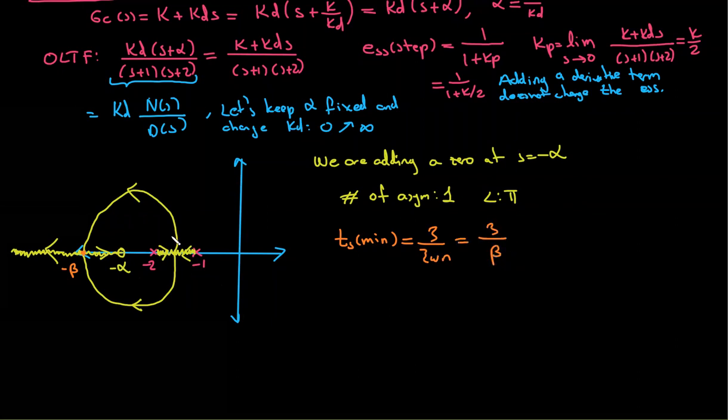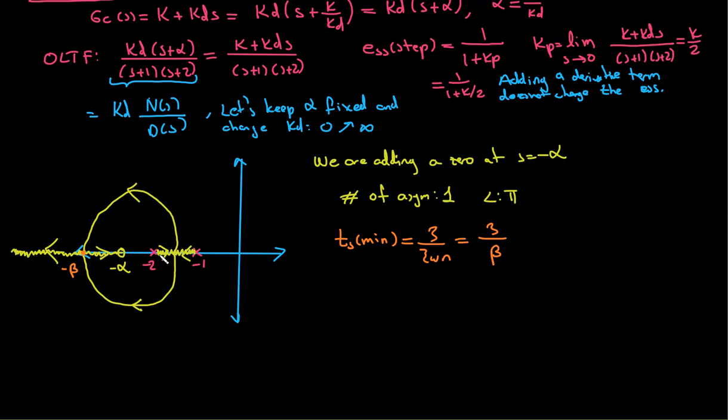beta. So maybe I should write it. To achieve the best settling time, the closest pole to the imaginary axis should be as far as possible from the imaginary axis in the left half plane, right?